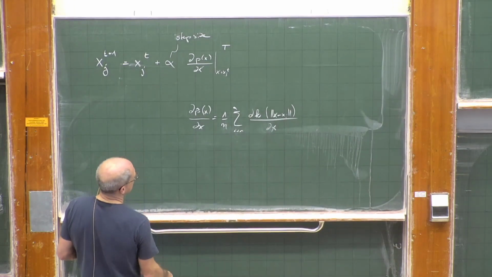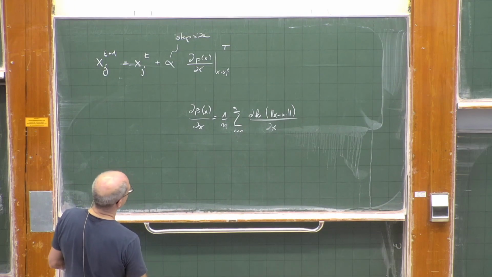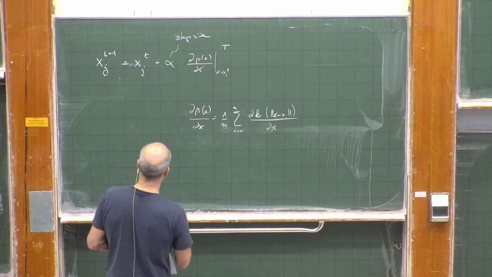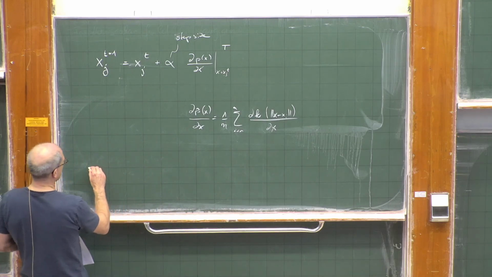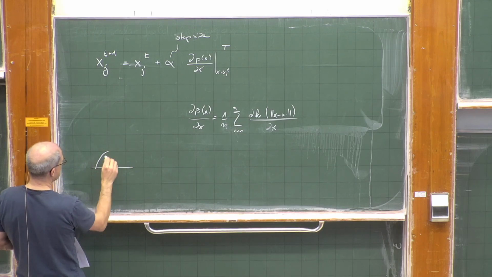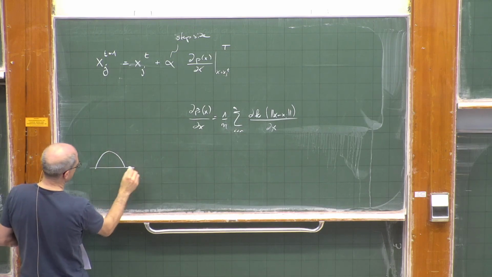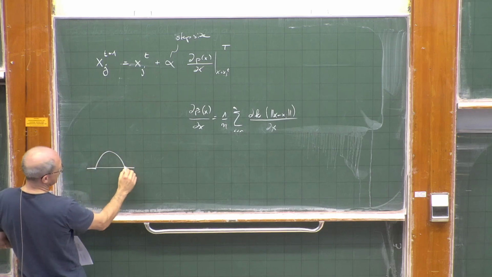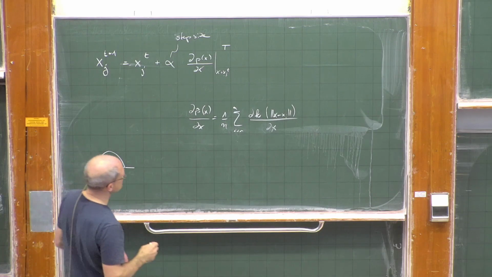And we can do this concretely for the Epanechnikov kernel. So the Epanechnikov kernel, again, in one dimension, is this truncated parabola. So it's a parabola and then truncated to 0.